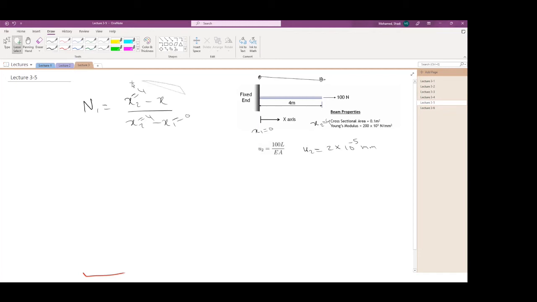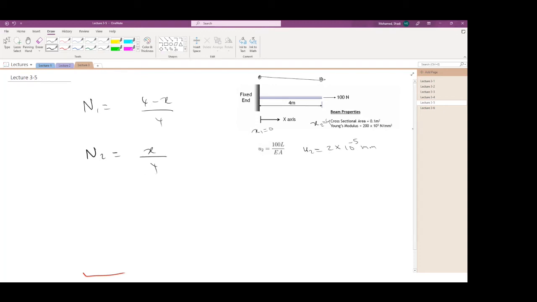I'm just going to write it as 4 minus x divided by 4. If you look into N2, the expression for N2 is x minus x1 divided by x2 minus x1. And again, this is equal to 0, this is equal to 0, this is equal to 4. So I'm just going to write it down as x divided by 4. All right, so this is N1 and this is N2.